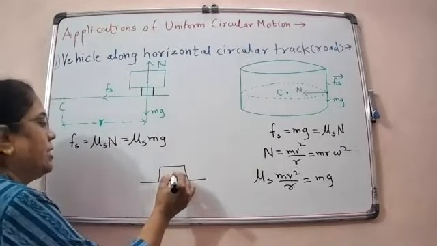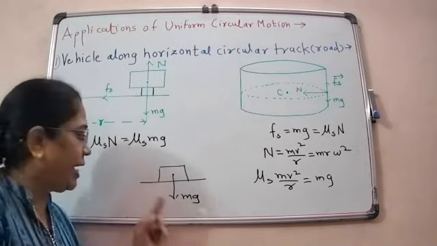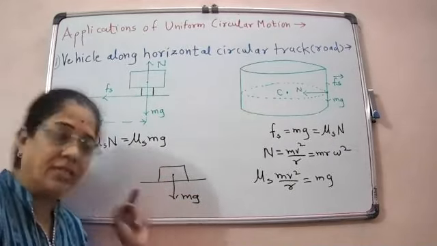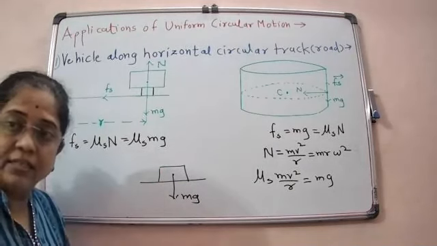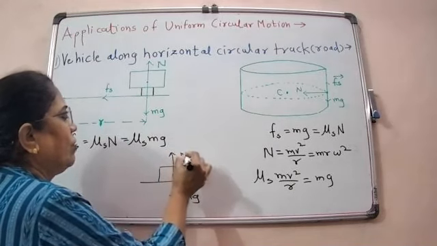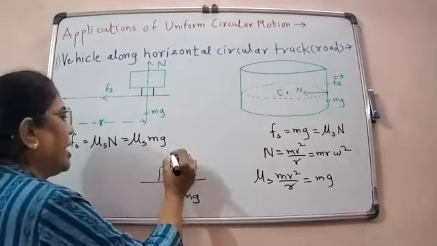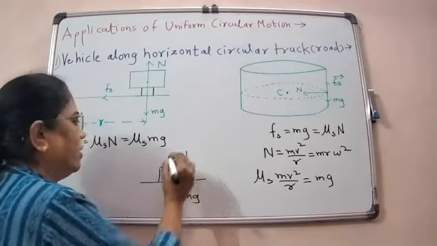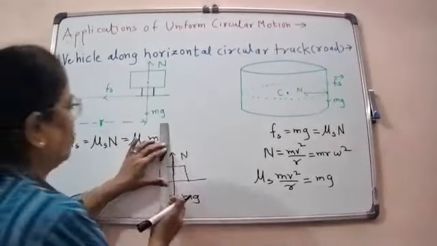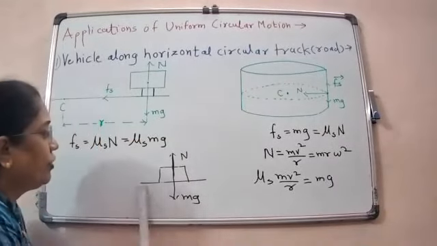One is its weight mg, which is acting vertically downward. And the second force is normal reaction, which is perpendicular to this road.